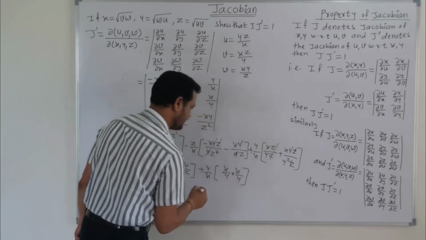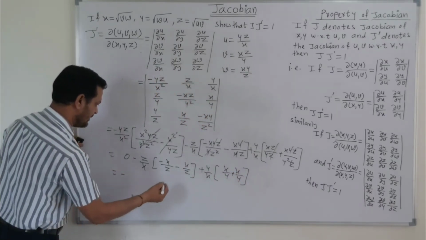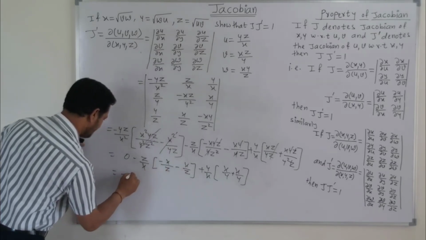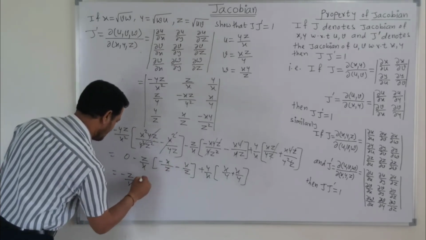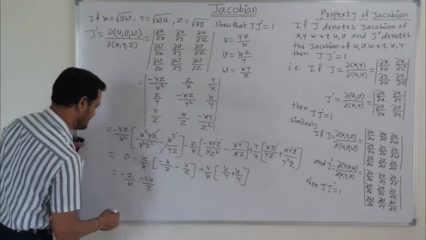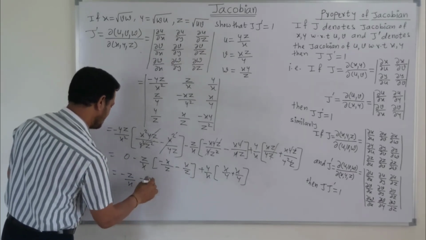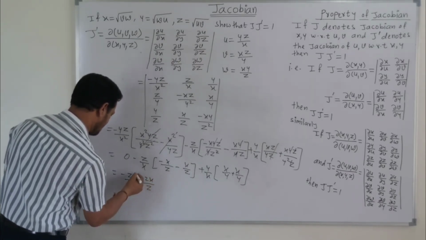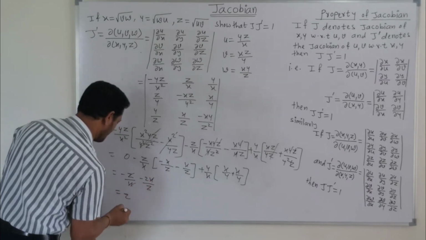So addition is there. If we try to simplify this, we get minus z upon x, in bracket minus 2x by z. If we take this common, this is minus 2x upon z. This z gets cancelled, and this term is plus 2.